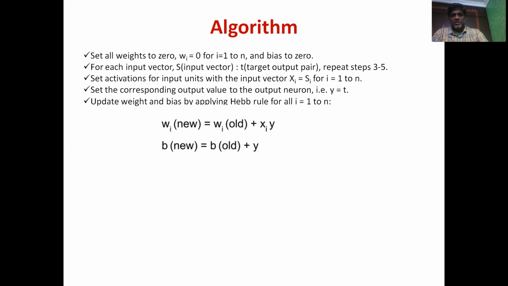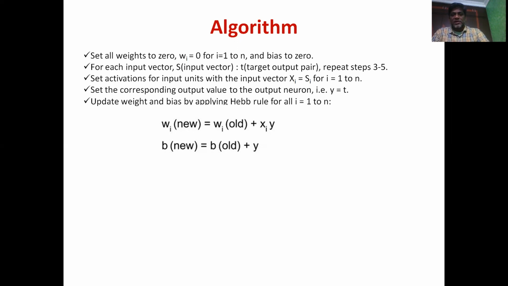The first step is to set activations for input units with the input vector, xi = si for i = 1 to n. That means we'll consider one input vector at a time, and then set the corresponding output value to the output neuron, that is y = t, where t is the target value expected for this input vector xi.